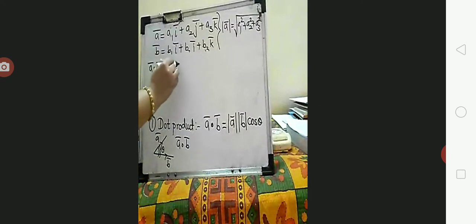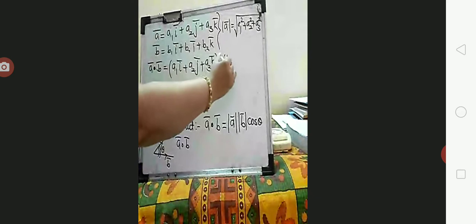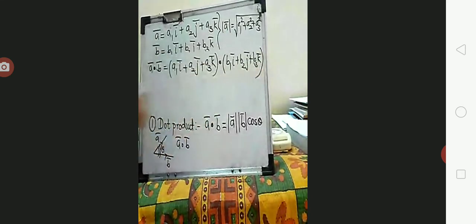This is nothing but a1 i bar plus a2 j bar plus a3 k bar, dot, b1 i bar plus b2 j bar plus b3 k bar. Correct? Take the dot product between these two. Now how will you calculate this? We can calculate it the way we solve any equation, preserving the operation as it is.